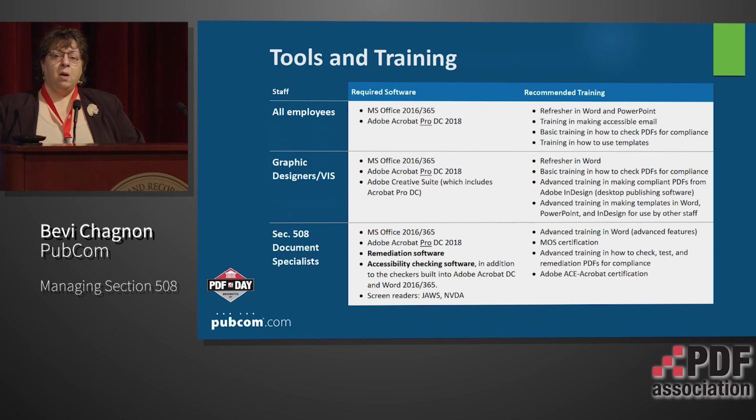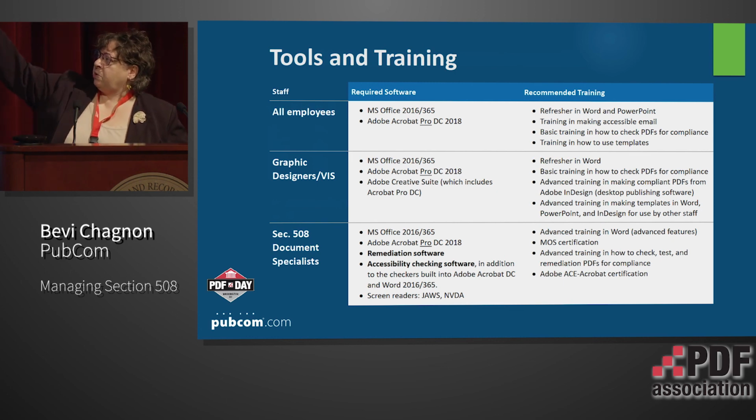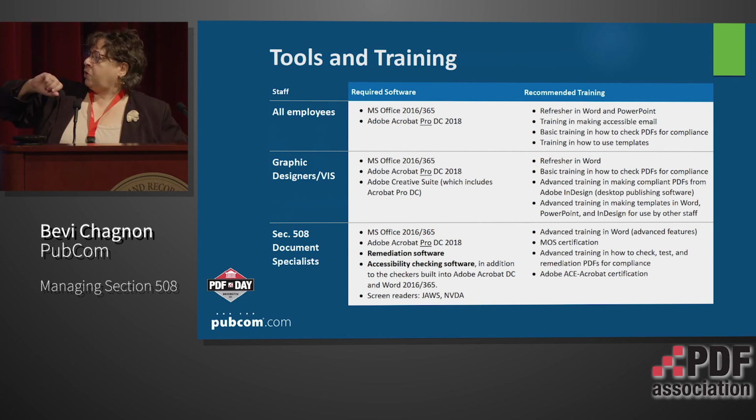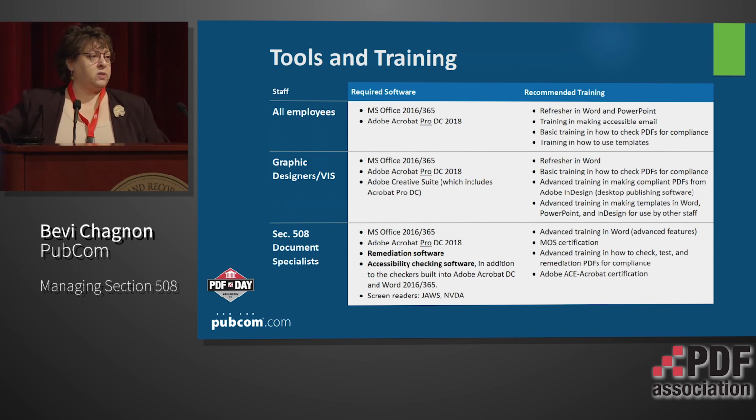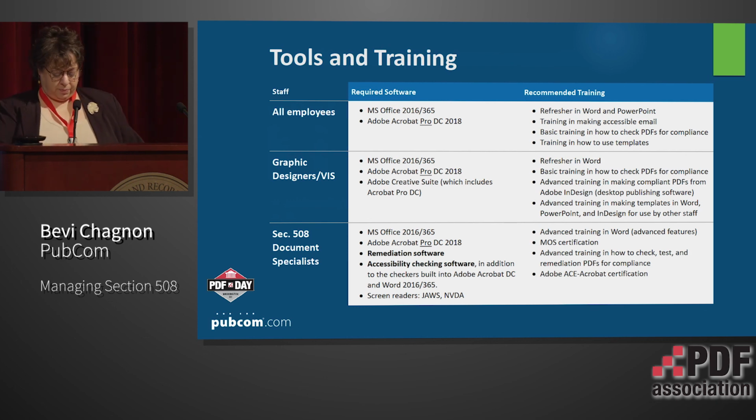They're going to know how to take multiple Word documents, put together a table of contents, and merge it all into one accessible PDF. They're high-end users on that. Not everybody needs that training. So as you go down this list, it starts as quick training down to very extensive training, and at the bottom one they should be getting some certification.